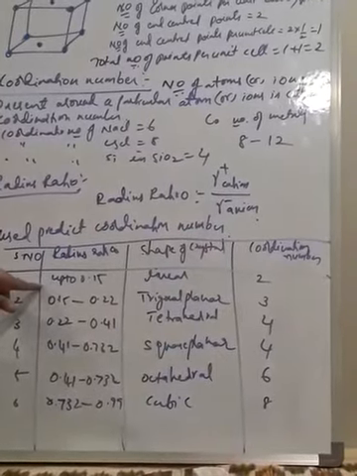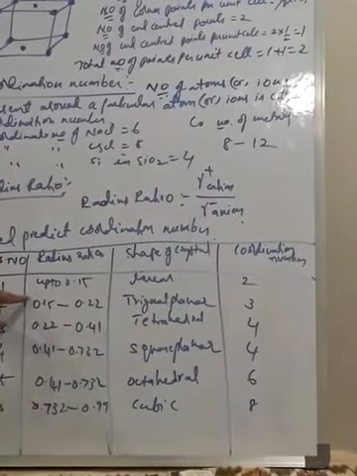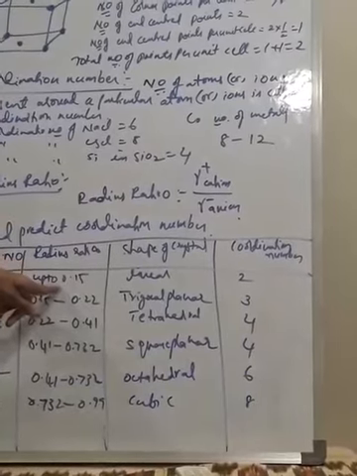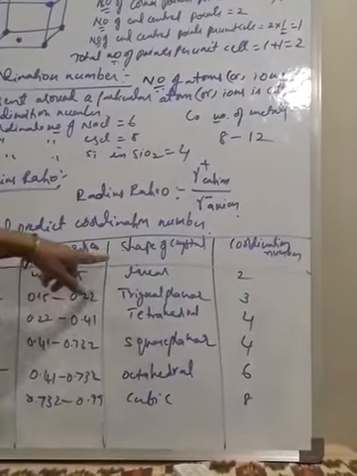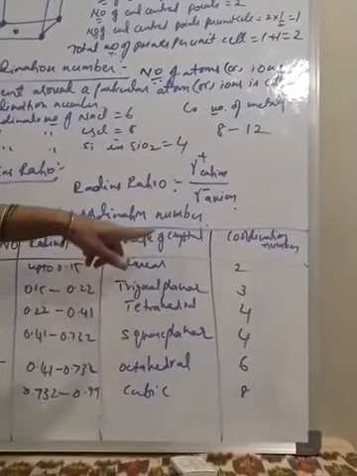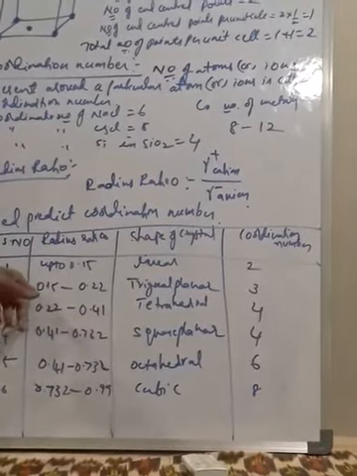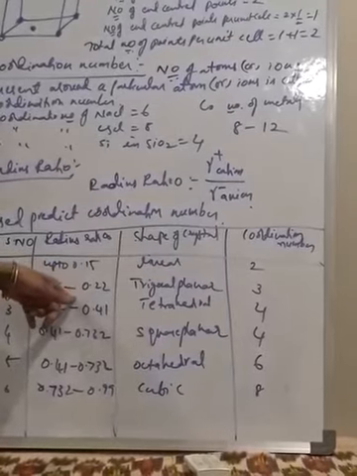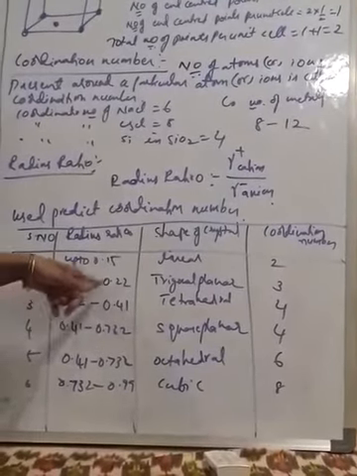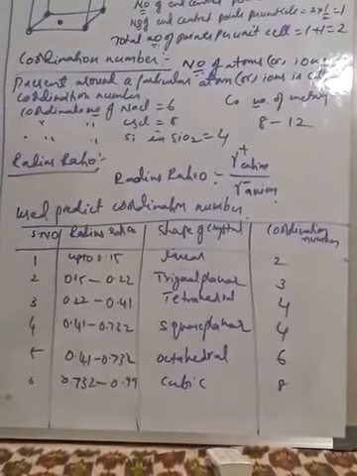If the ratio of cation and anion is up to 0.15, its shape is linear with the coordination number 2. If it is between 0.15 to 0.22, the shape is trigonal planar and the coordination number is 3.